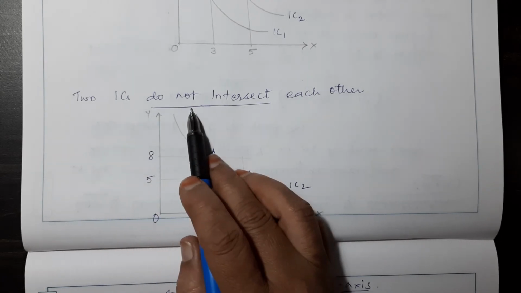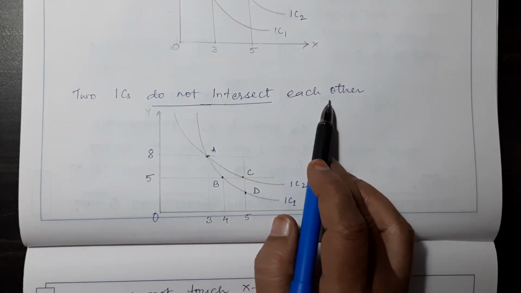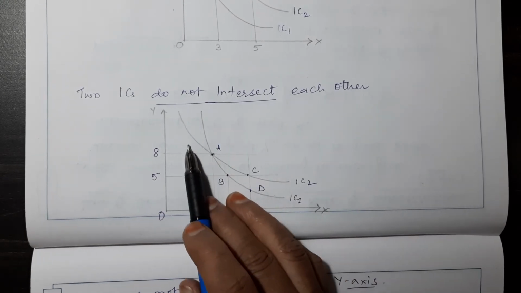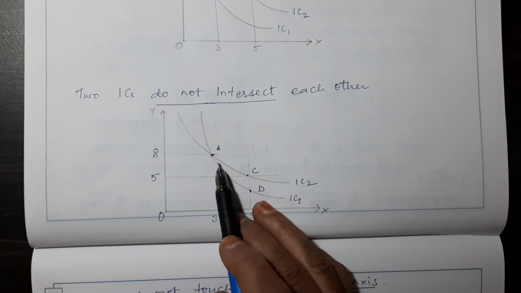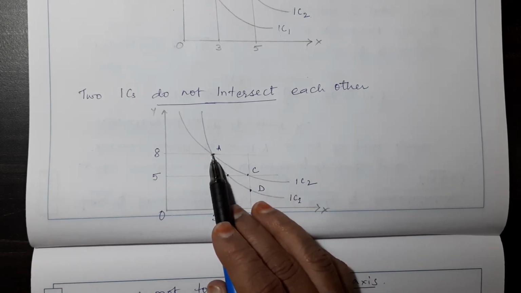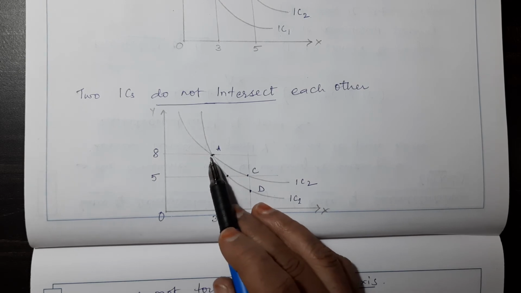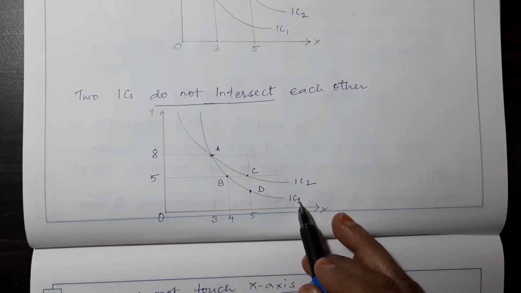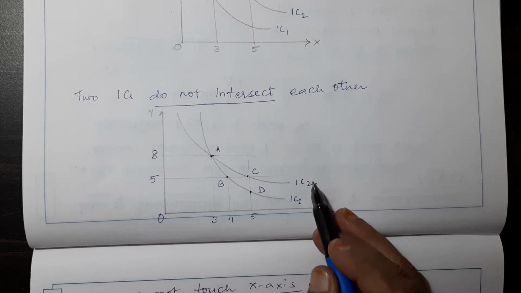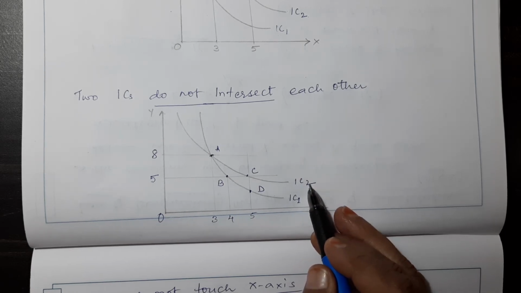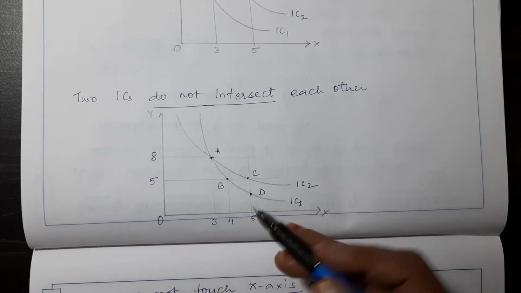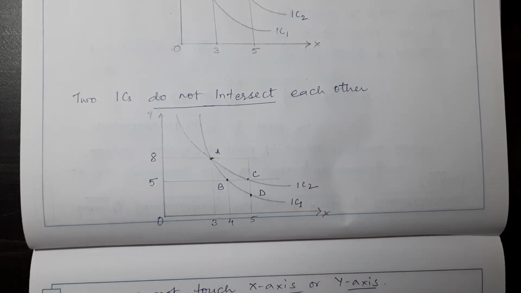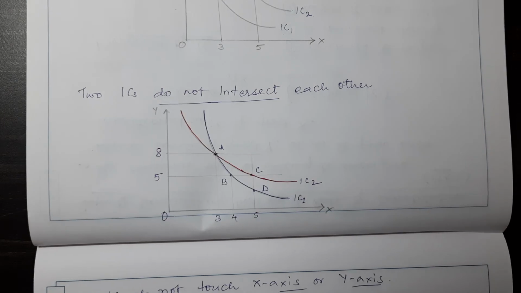Now let's look at the other property. Two indifference curves do not intersect each other. Now here we have two indifference curves which are intersecting at a point A. Now we call this indifference curve 1 and this indifference curve 2. Let's have some colors to identify IC1 and IC2.